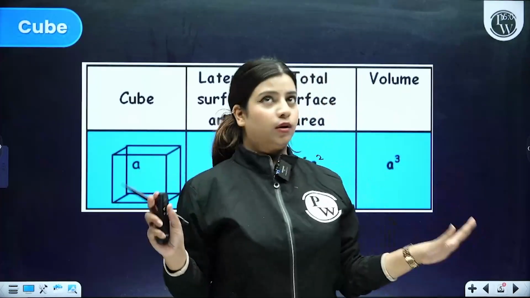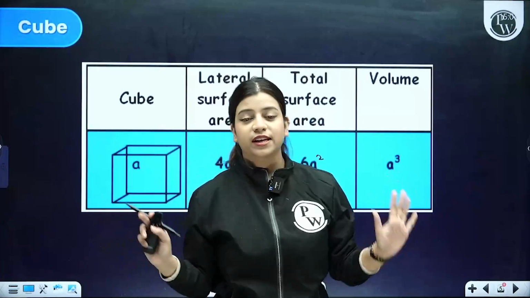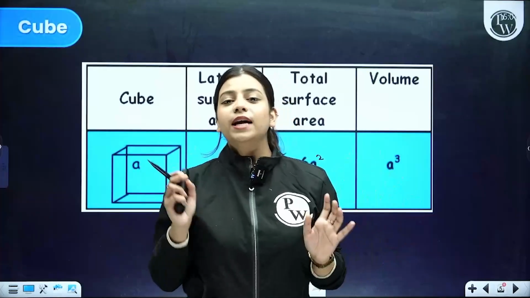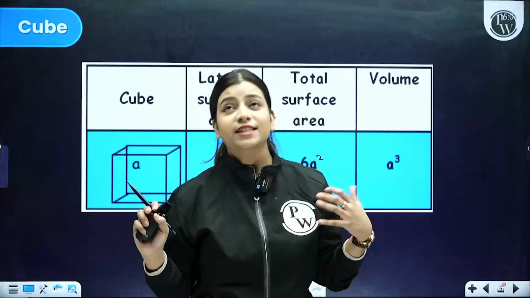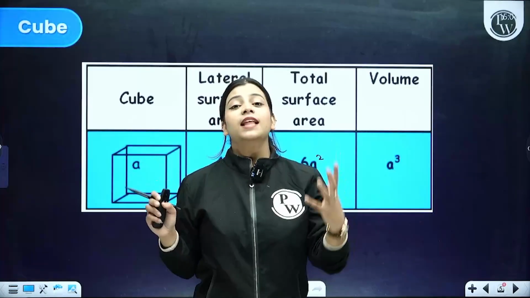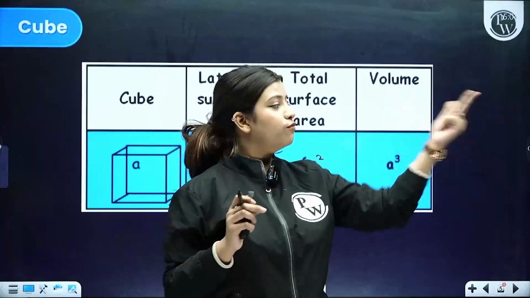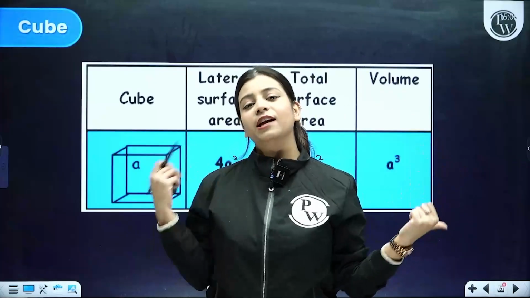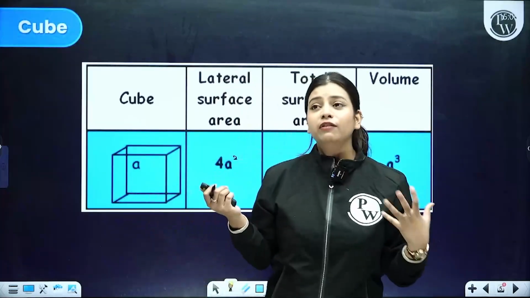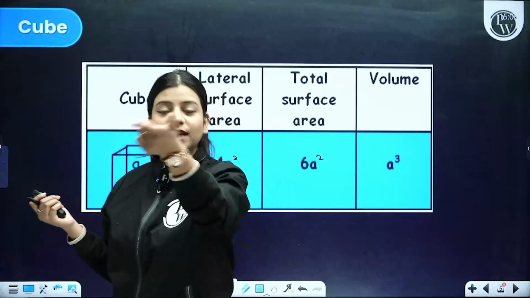When I talk about the lateral surface area of this particular cube, or this room, that will only include the four walls which you can see. The wall in front of you, the wall at the back, the wall on the left, the wall on the right. Where we used to get the whitewash done, those are the lateral surface area.